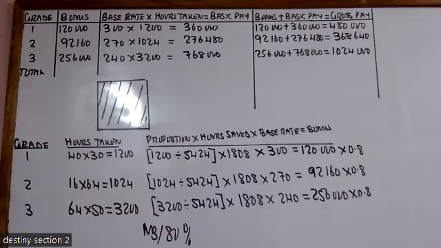So it is 100 plus 180,000. So this is what they have given us as 280,000.